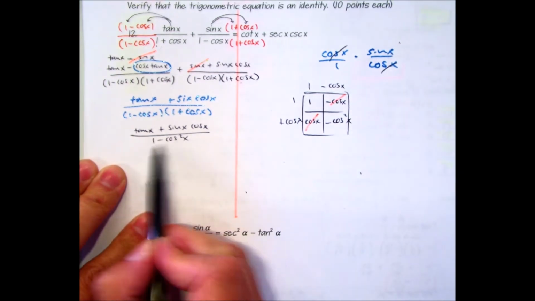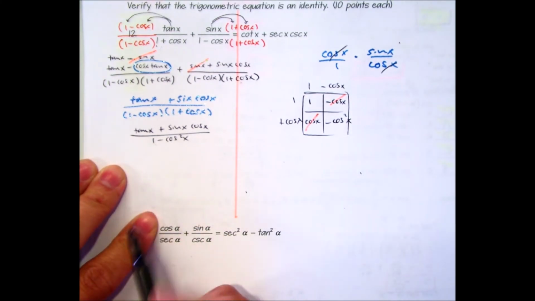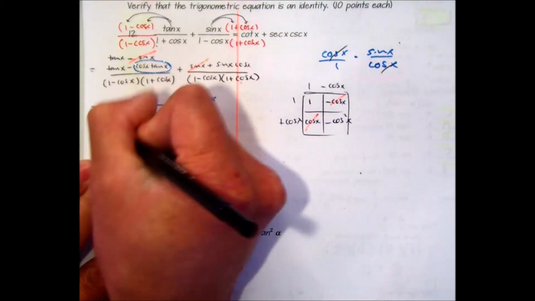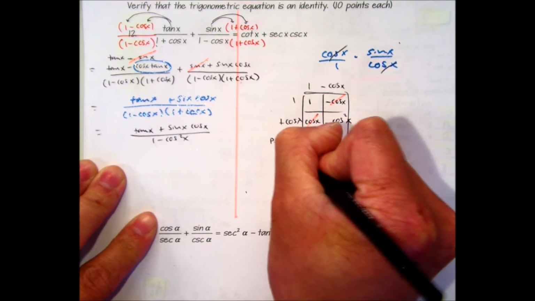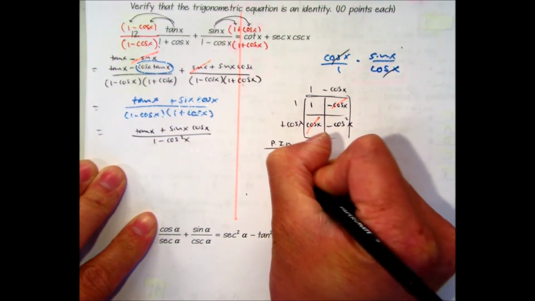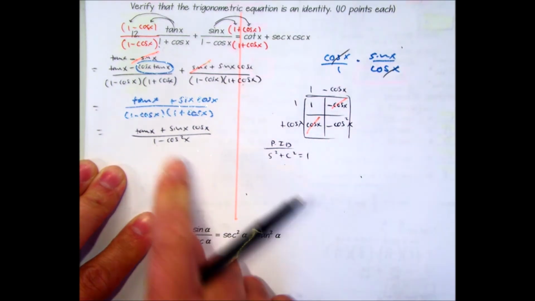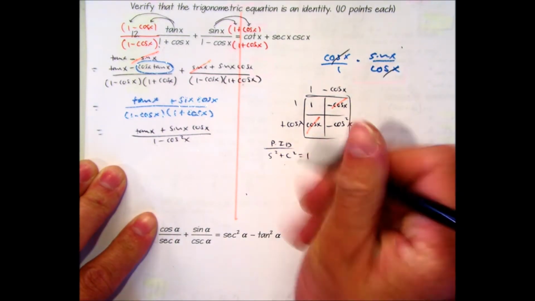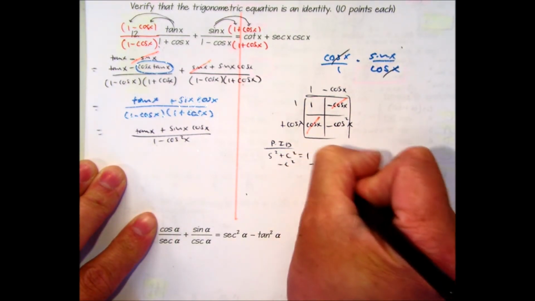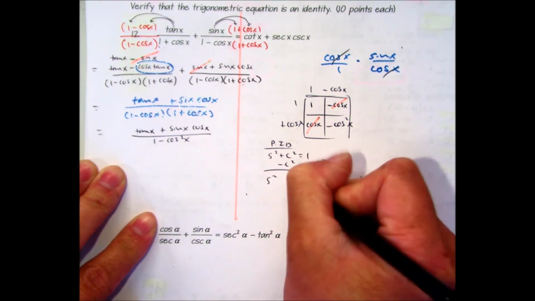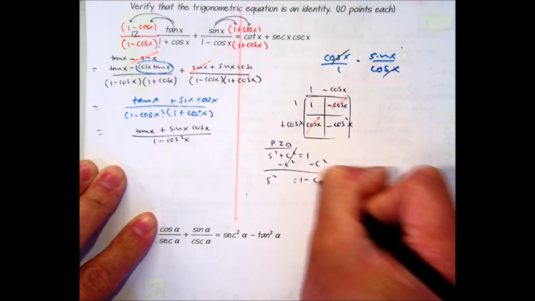Class, what does this one look like? Yeah, it looks like our Pythagorean identity. I have sine squared plus cosine squared equals 1. I want to get 1 minus cosine squared, so I'm just going to subtract cosine squared, and I have sine squared equals 1 minus cosine squared.